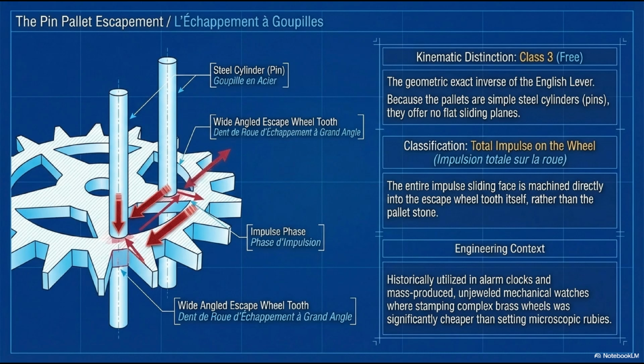During the supplementary arc, the fork clears the balance roller completely. The lower accuracy comes from less precise impulse geometry and higher friction, not from loss of oscillator freedom. Typical applications: alarm clocks, travel clocks, inexpensive mechanical timepieces where cost constraints dominate.